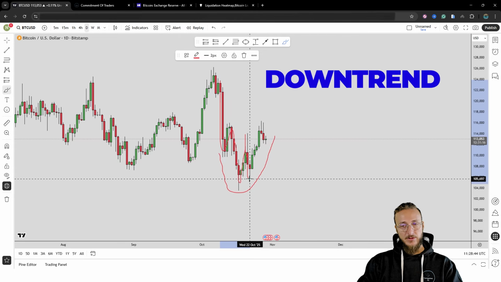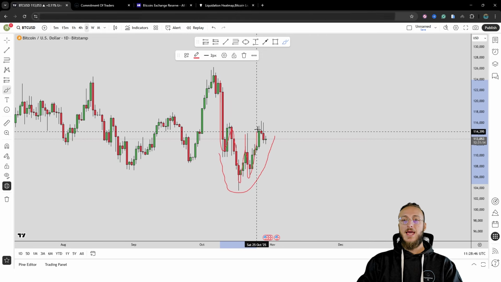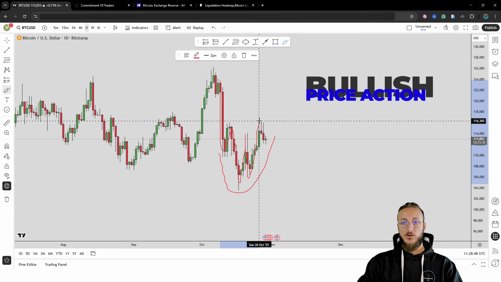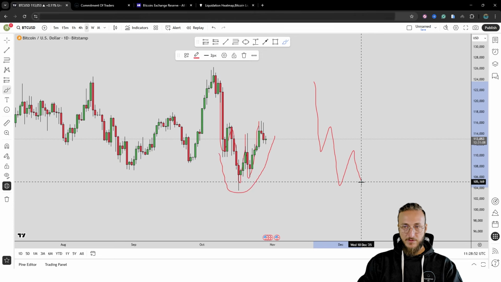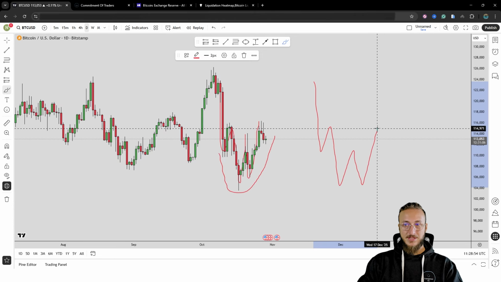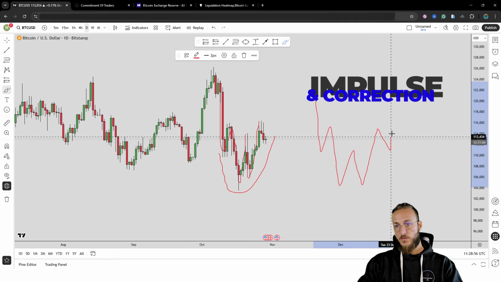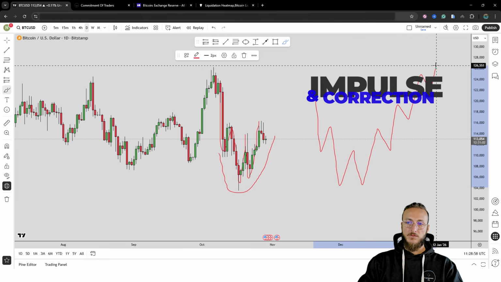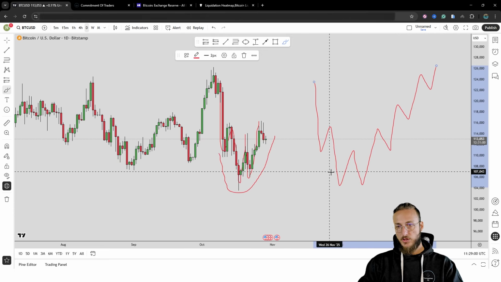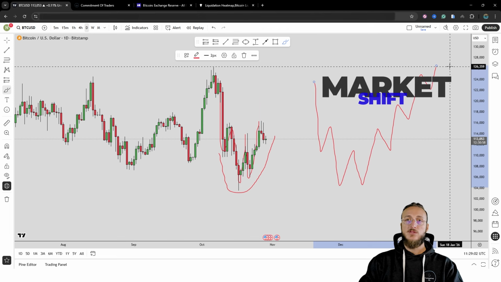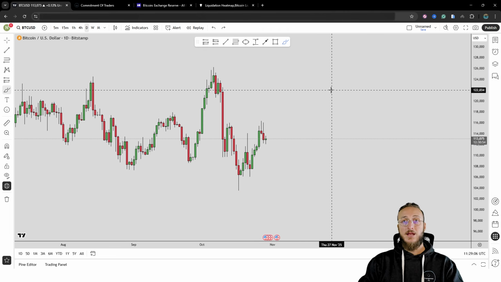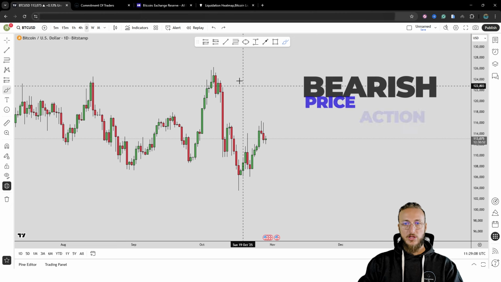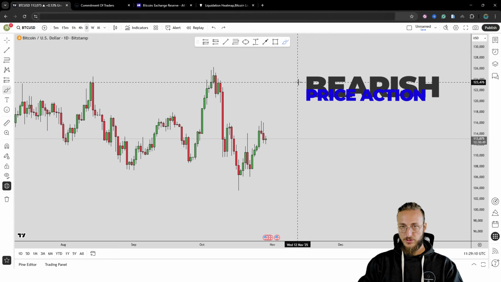The market failed in creating a new lower low and rejected to the upside, creating a new higher high. Now, usually when you see such a pattern, so the market fails going lower, inverts, usually what happens is that you see the correction and then the complete inversion. So the market shifts from the creation of lower lows and lower highs to higher highs and higher lows, completing essentially and effectively an inversion of trend from a bearish trend to a bullish trend.